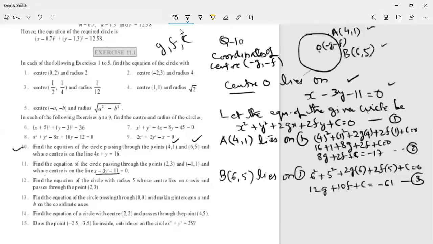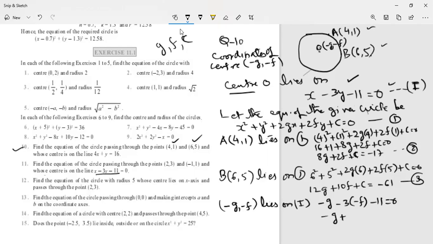I forgot to give this a number, I'll call it first. So minus g and minus f lies on the first. When it lies on the first, x can be replaced by minus g and y by minus f. So we get minus g minus 3 times minus f minus 11 is equal to 0. So we get minus g plus 3f, and 11 you can bring to the right side. This is equation number 4.